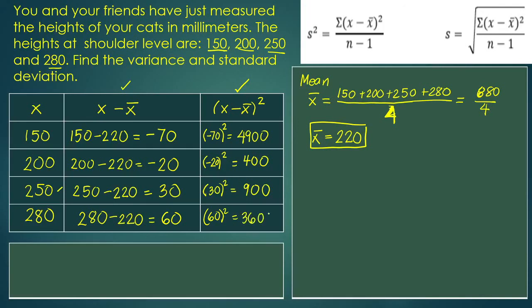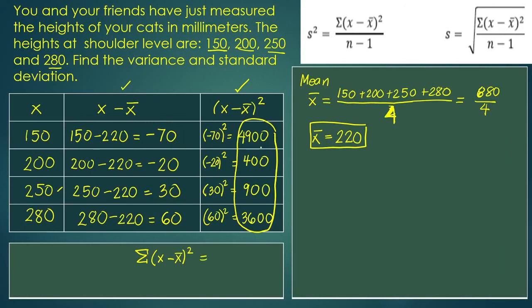There you go. Now, the next thing that you're going to do is add all of these squared numbers. That is now the summation of the score minus the mean squared.